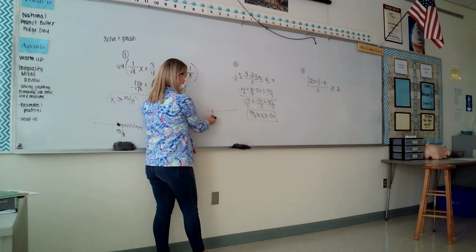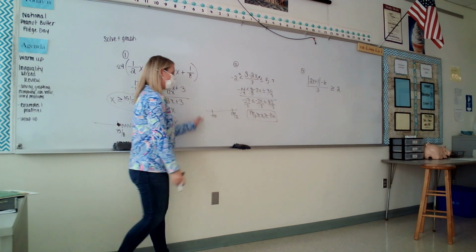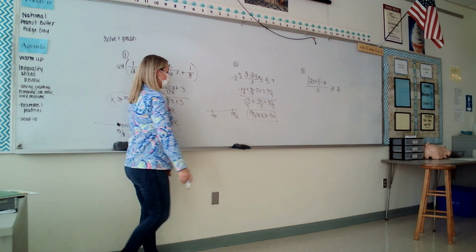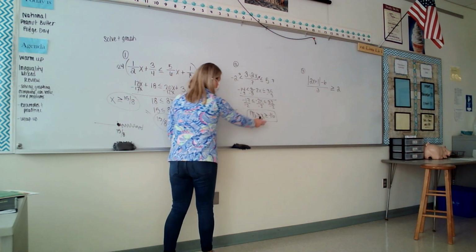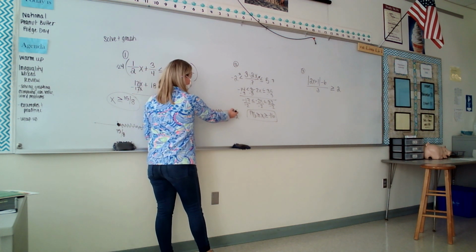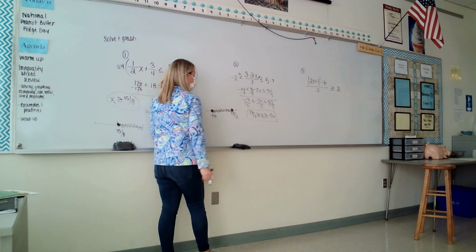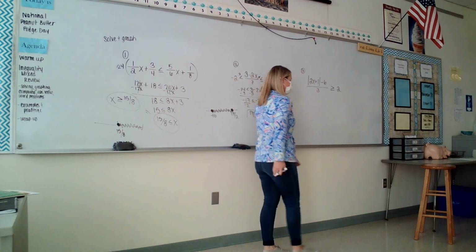I think about a number line, a negative will go over here, a positive will go over here. Once again, I'm not getting too specific about my actual number line. I'm saying that x is greater than or equal to negative 16 and less than or equal to 17 over 2. So that one we would kind of meet in the middle there.